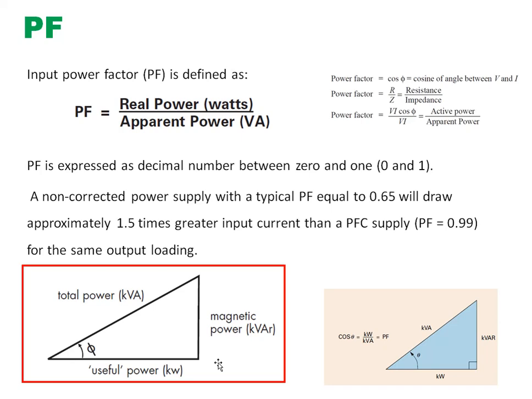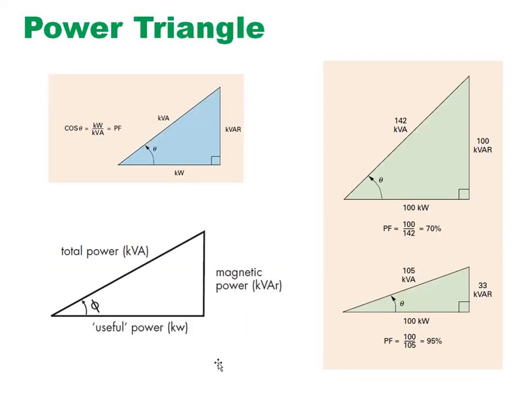Next, the power triangle. Here you can see the useful power, which is the active or real power. This is the total power supplied to the system, and this is the useful work. The magnetic or reactive power is the power flowing inside the circuit.